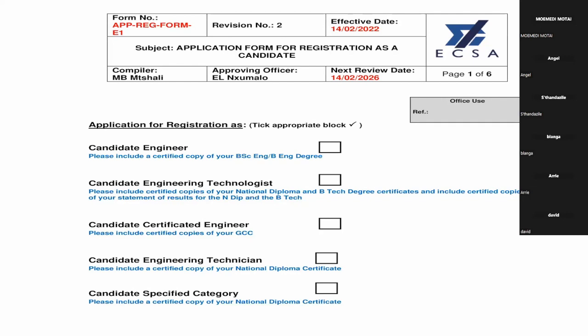That's it. Any other questions? Also, you cannot sign plans or anything like that. As a candidate, you are still learning to become a professional. Yeah, you're in training.